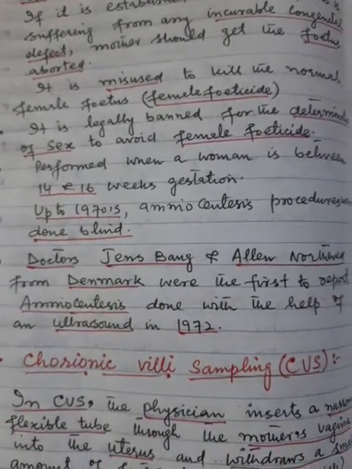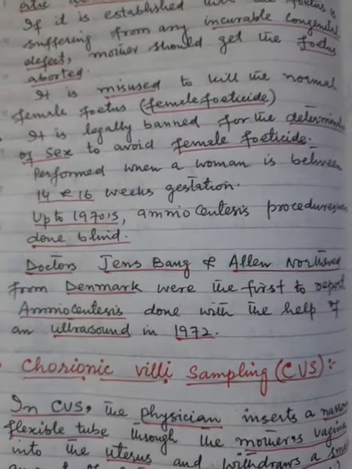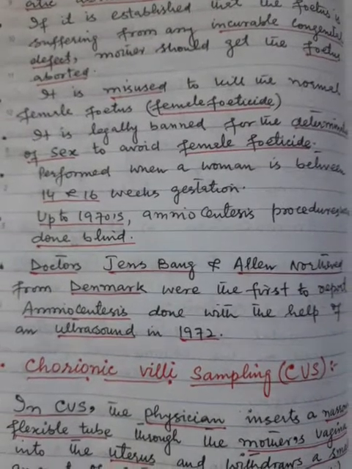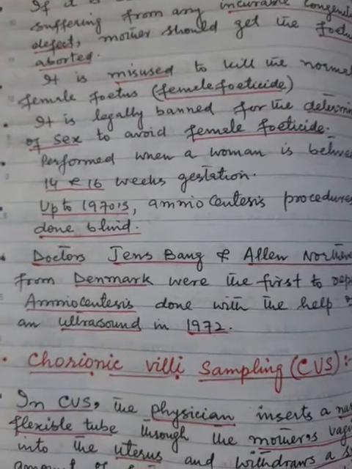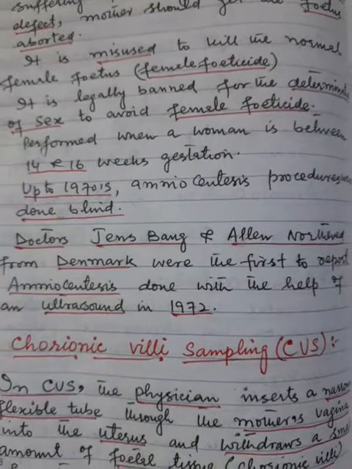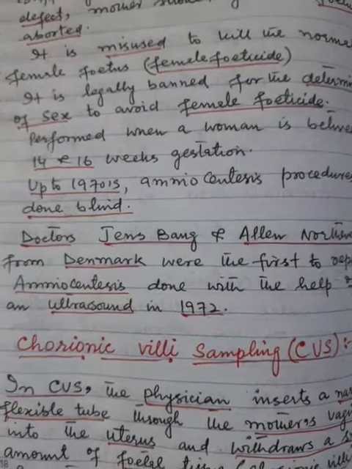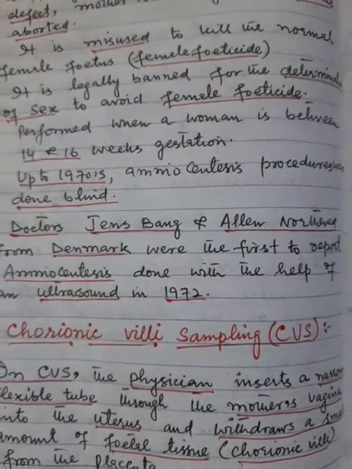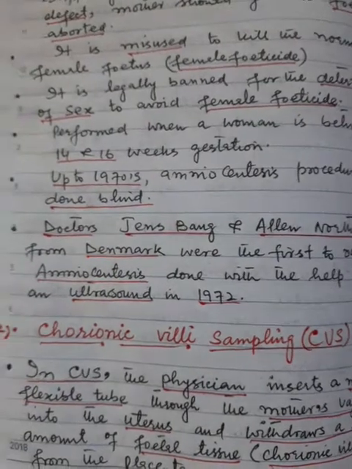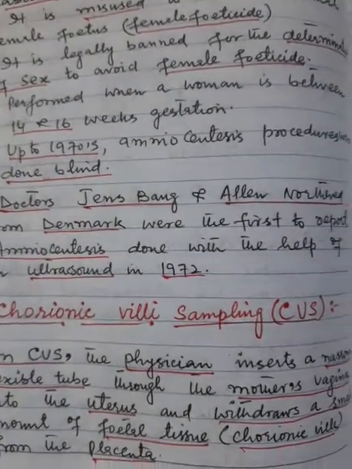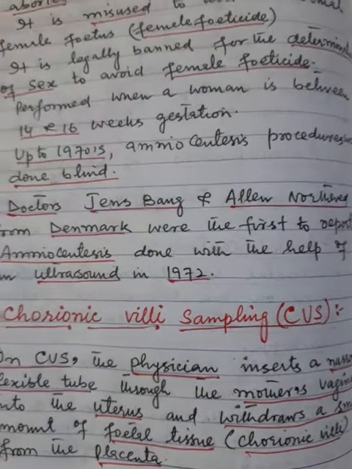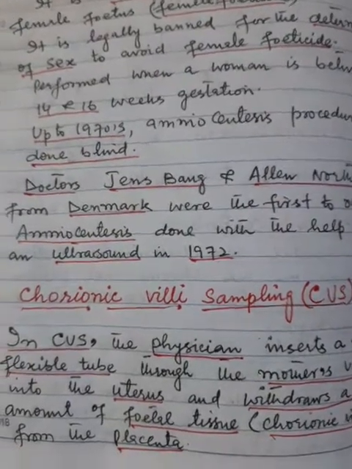In CVS, the physician inserts a narrow, flexible tube through the mother's vagina into the uterus and withdraws a small amount of fetal tissue called chorionic villi from the placenta.